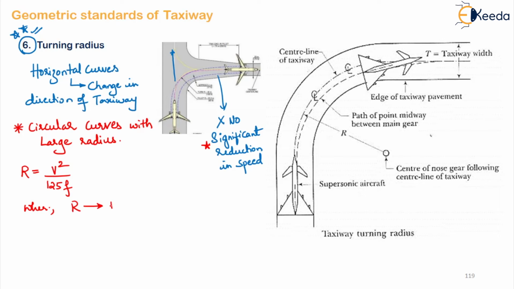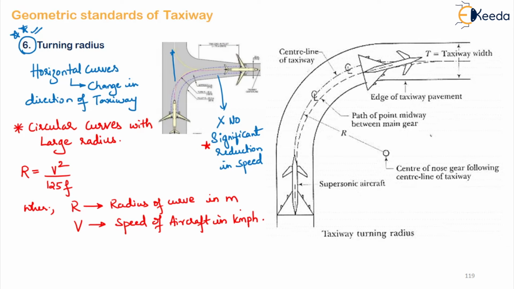Here R is the radius of curve in meters, and V is the speed of aircraft in kmph, that is kilometers per hour. Compulsorily, this should be in kmph.